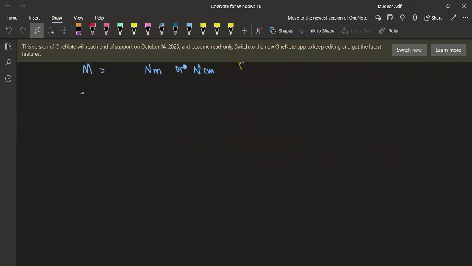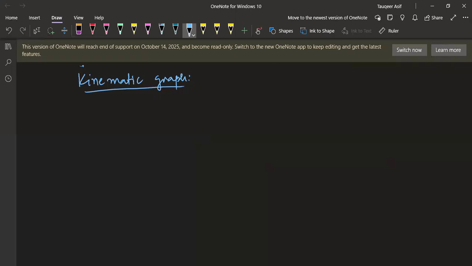So let's begin with the kinematics graphs. First of all, we begin with the concept of speed.